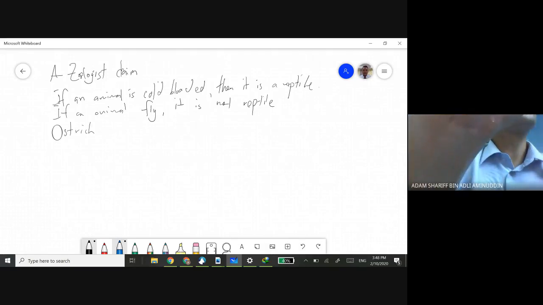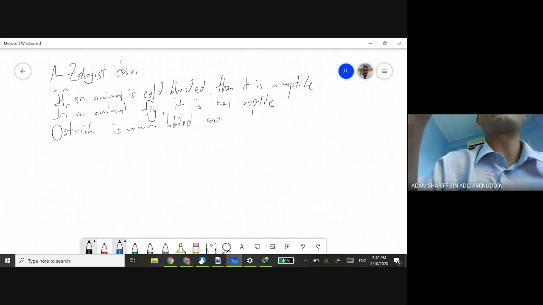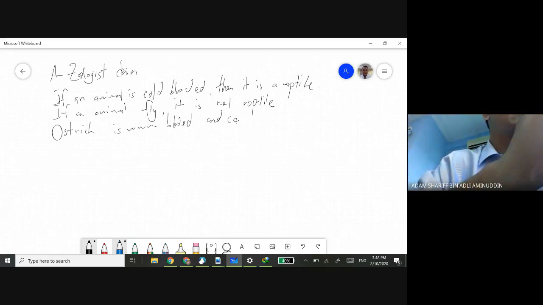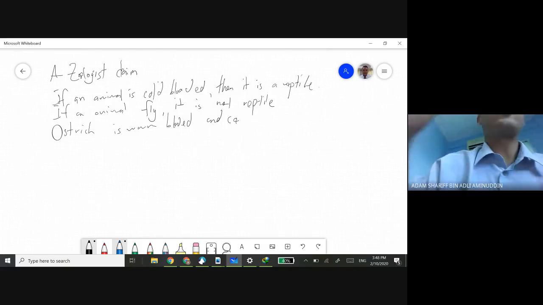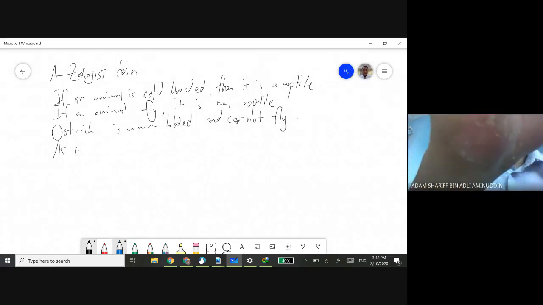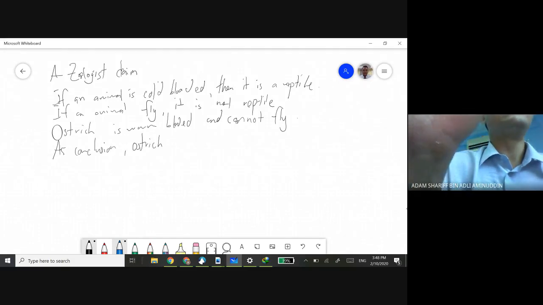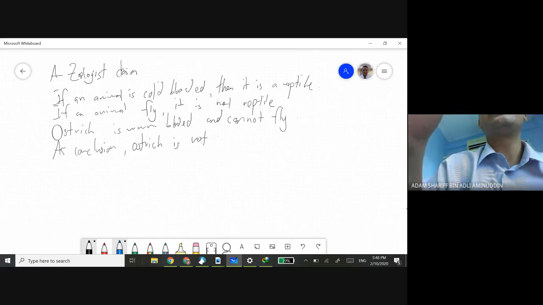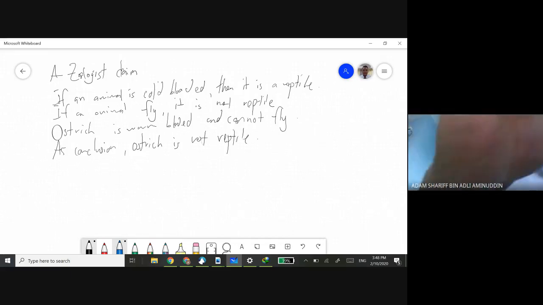Ostrich is warm-blooded and cannot fly. As conclusion, ostrich is not a reptile.